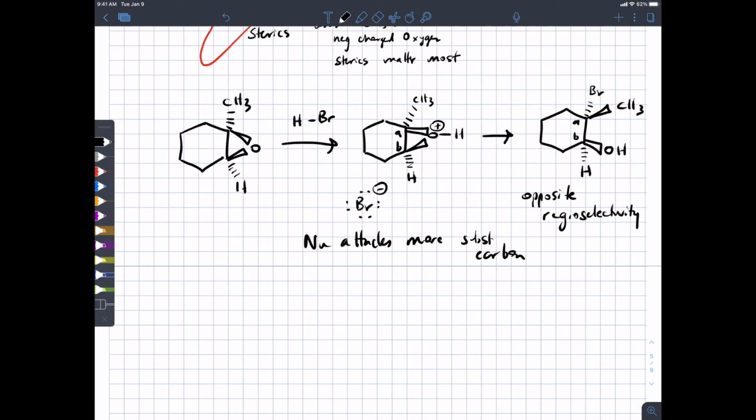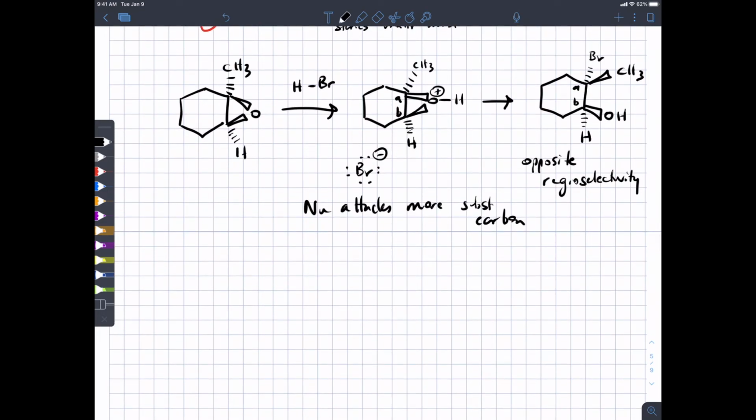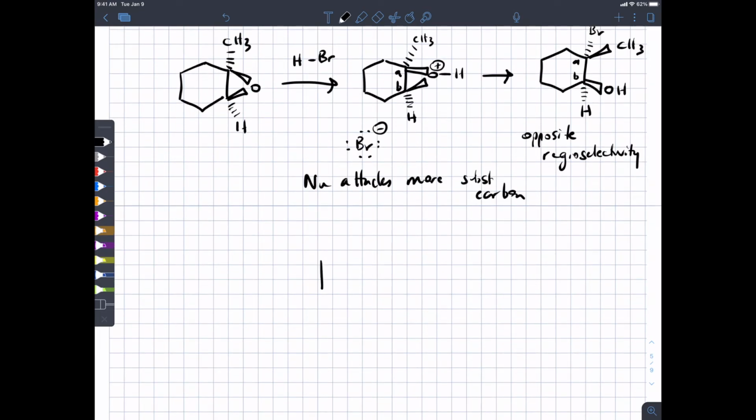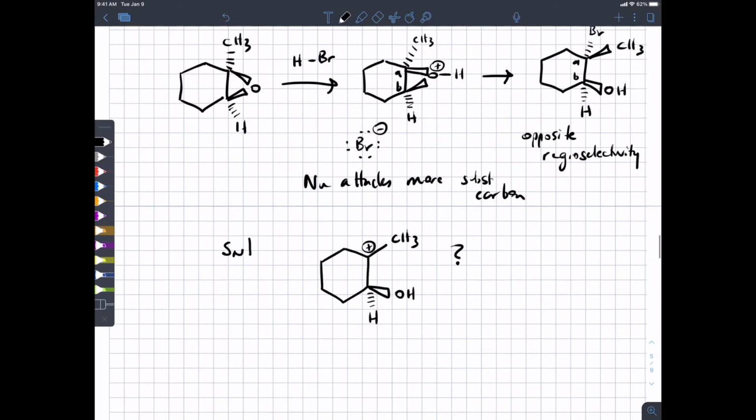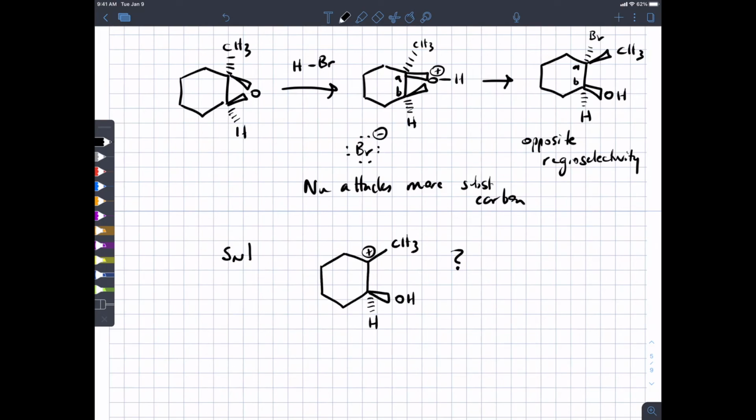So the fact that we observe the nucleophile attacking the more substituted carbon could be consistent with the leaving group ROH leaving from the more substituted carbon to leave a positive charge there instead of the other option, because that's the more stable carbocation. So if the mechanism were SN1, that would explain the regioselectivity.